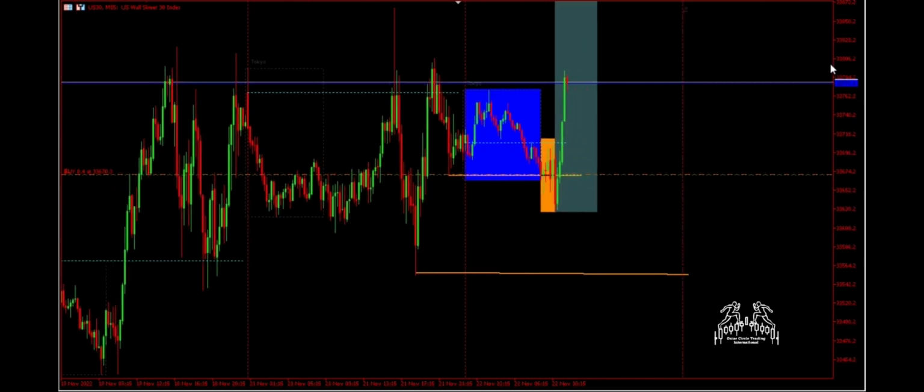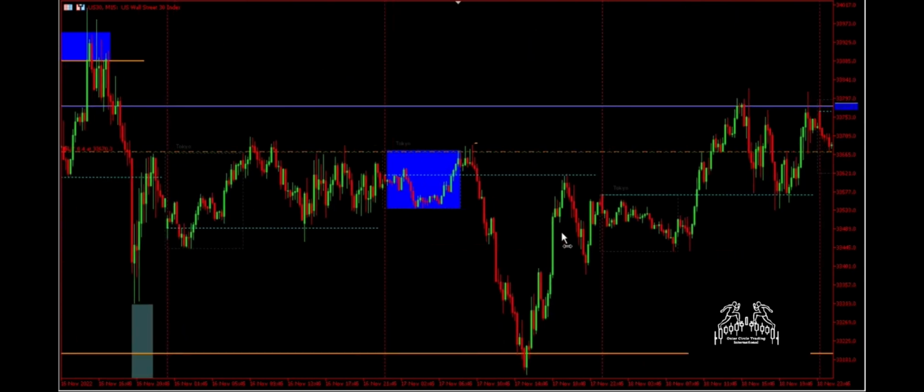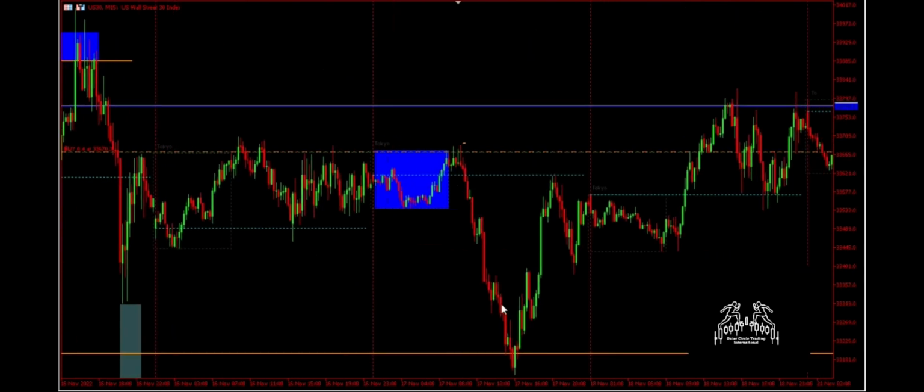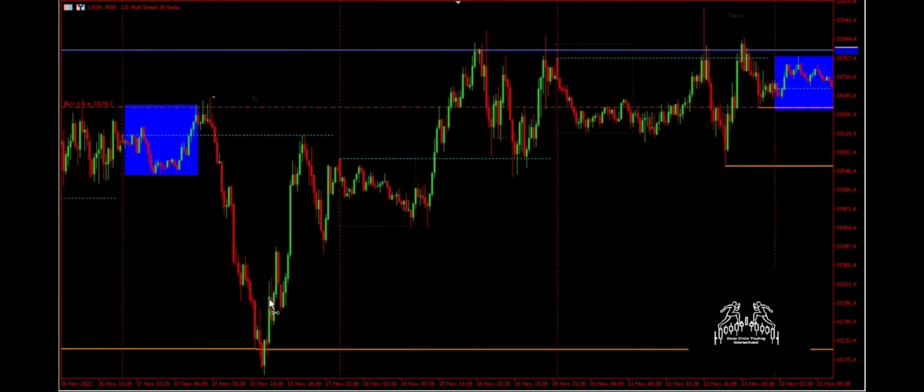That's what you should anticipate. Also here you see an expansion, deep pullback. If you had entered maybe around here, you're going to be squeezed, you're going to be taken out.